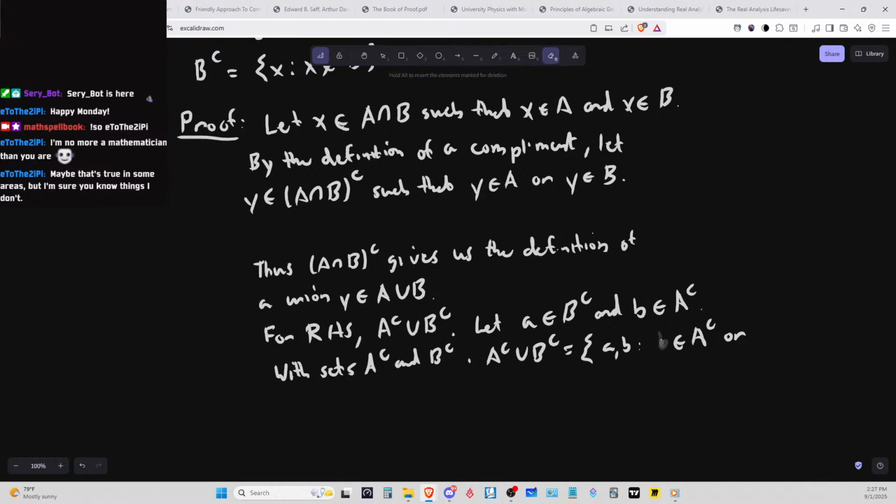Actually, it needs one variable, so we have x is an element of B.